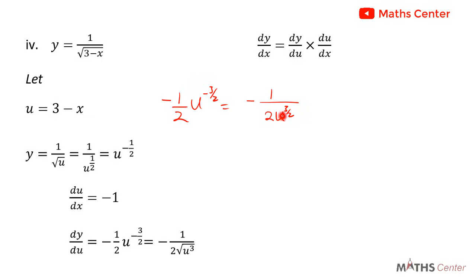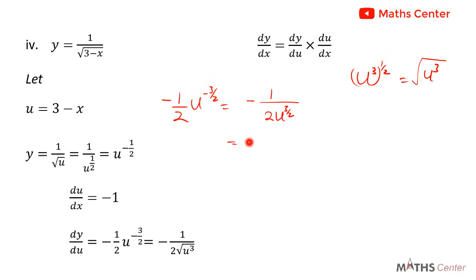Now, u exponent 3 divided by 2 is basically u exponent 3 exponent half, right? And we know that anything exponent half can be written as the square root of that thing. So this is square root of u exponent 3.